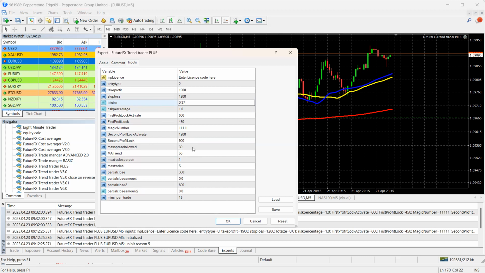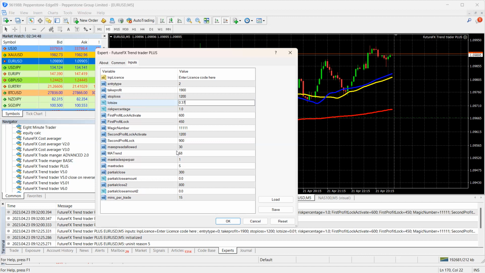Max spread allowed. The default setting is 30, and that will be suitable for most of the Forex pairs. If you're trading some of the exotics, you may have to have a higher spread setting. One that some of us have been trading is pound New Zealand dollars.